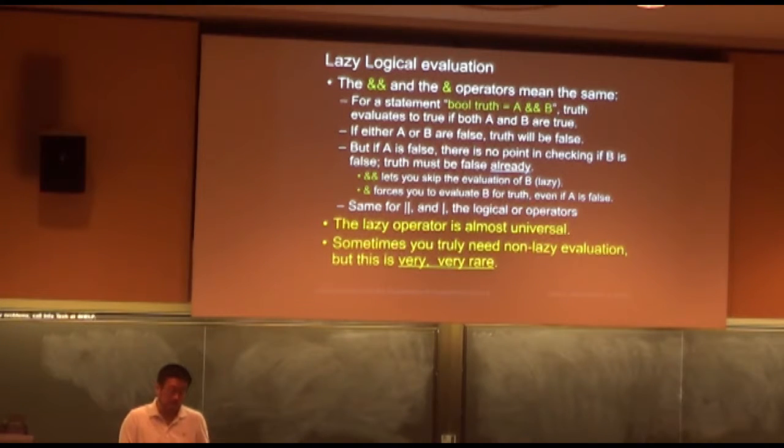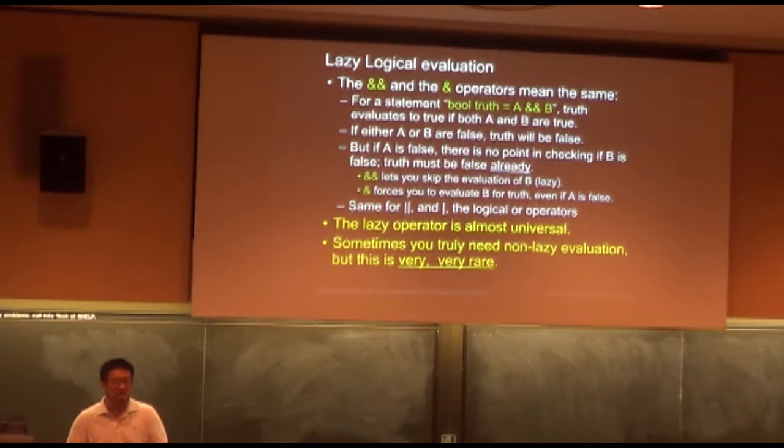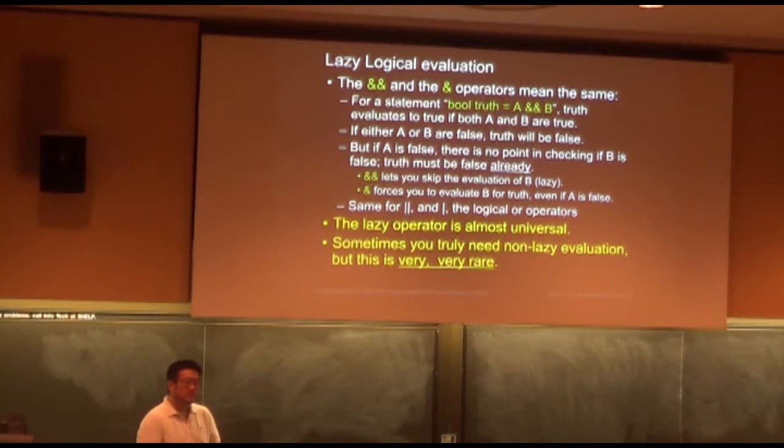So if A happens to be true, then it will give you true in the OR evaluation without even looking at B. Now you might ask yourself, why is that important? Sure, that saves you looking at one variable, what's the big deal? The reason why that's important is because sometimes you want lazy logical evaluation to prevent a crash.